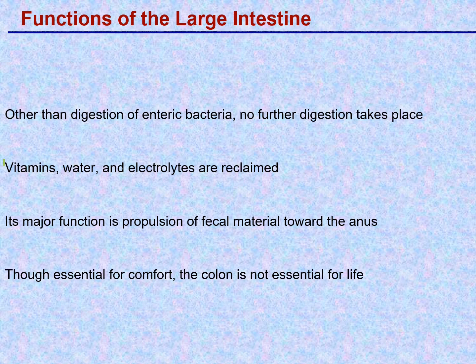But vitamins, as I just mentioned, produced there by bacteria, will be absorbed in the large intestine. Whatever remaining water is mostly absorbed in the large intestine, and also electrolytes present in that fluid are absorbed there. The major function is compaction and propulsion of fecal matter down towards the anus.